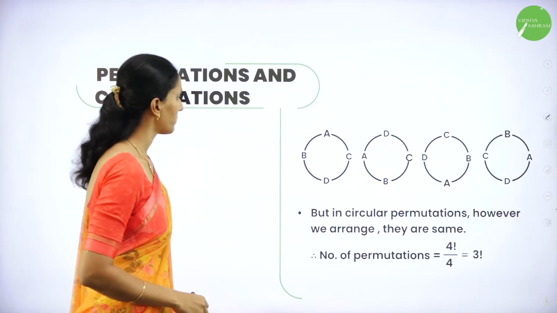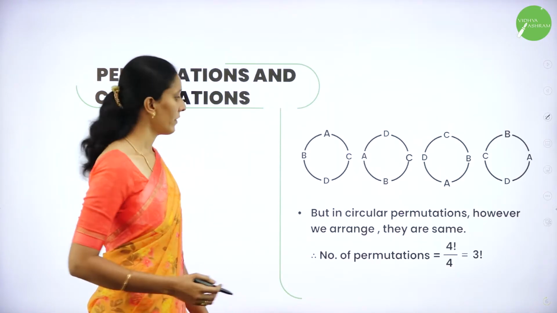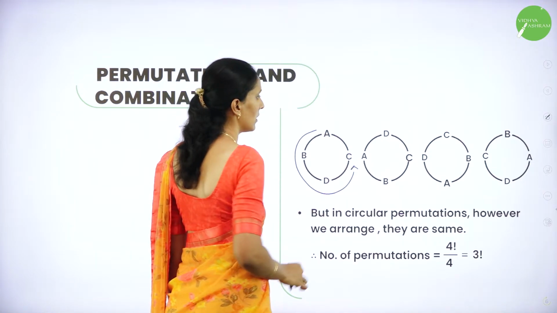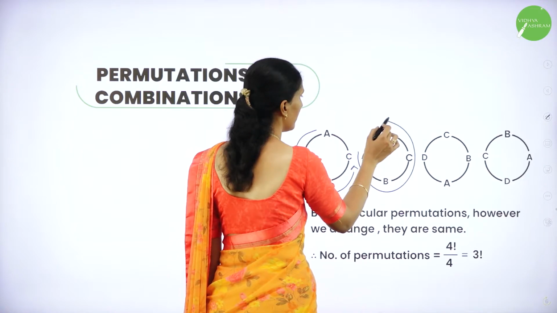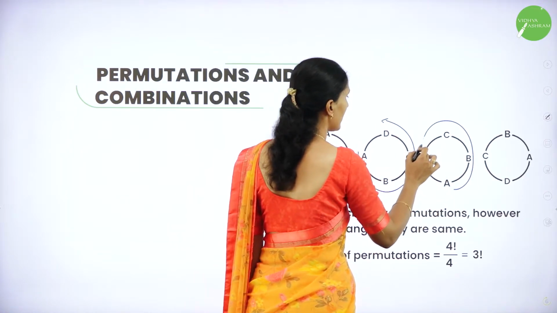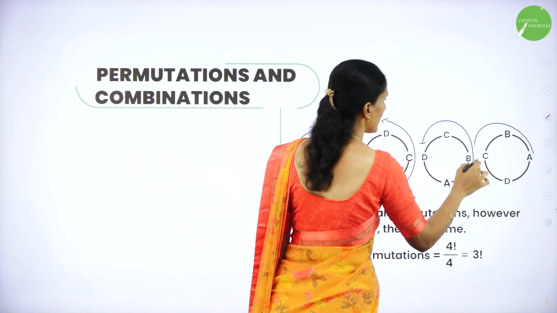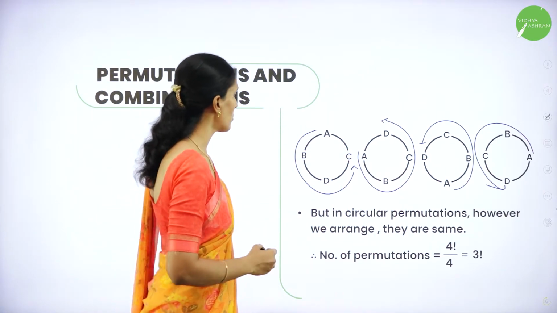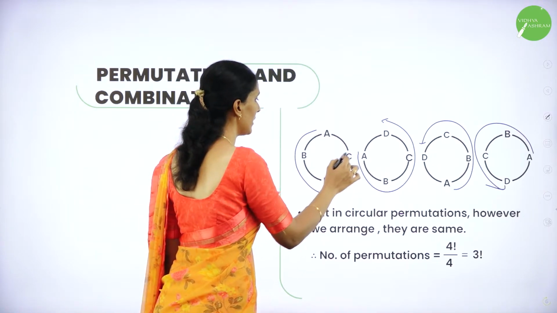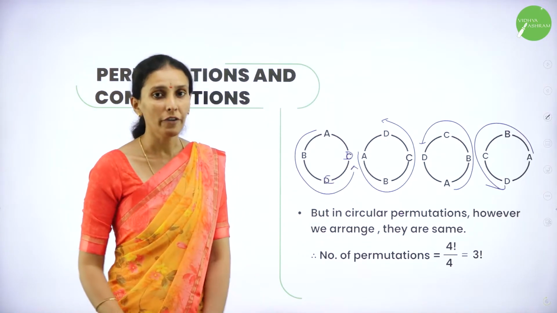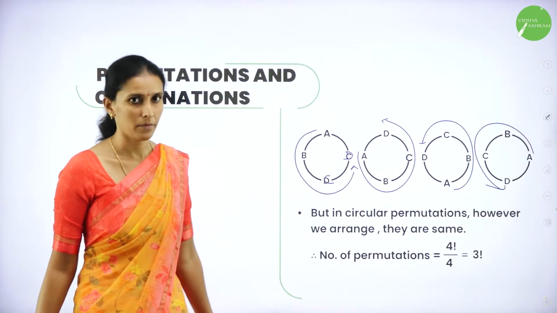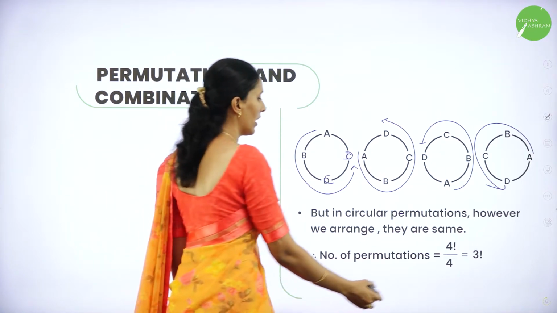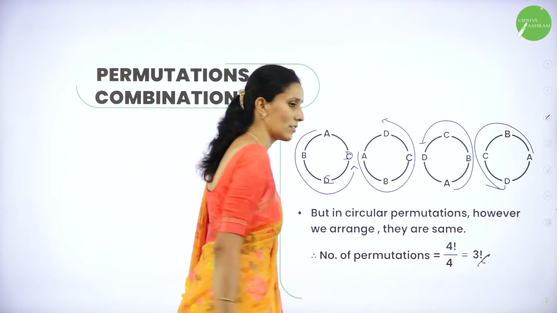You can see here, I have given the example: A, B, C, D. However you arrange, all the arrangements are the same here. So in circular permutation, they are the same. As in the previous example, it is 3 factorial.